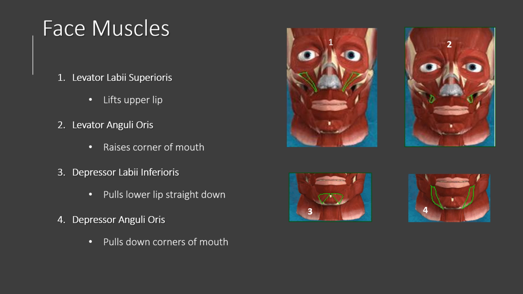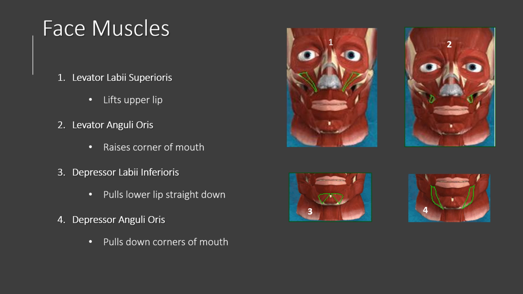So levator anguli oris. Now that means that depressor labii inferioris is telling me I depress or pull the lips downwards. I'm inferior to the lips. So I'm pulling the lips downwards, which is going to make you look really glum or quite petulant.